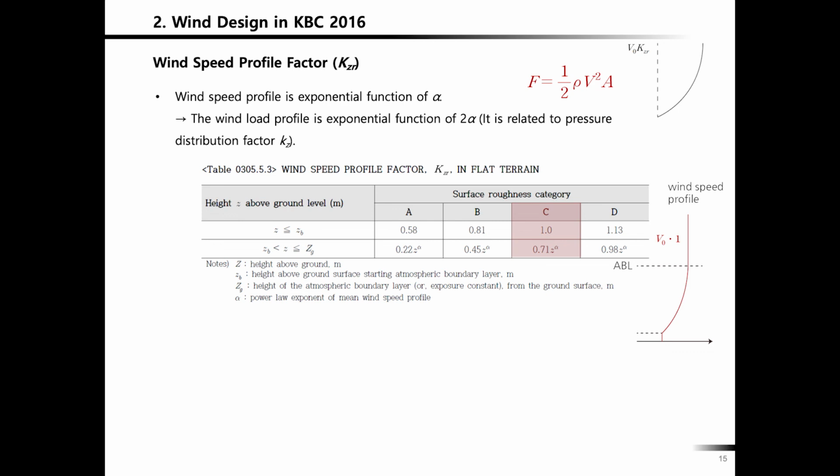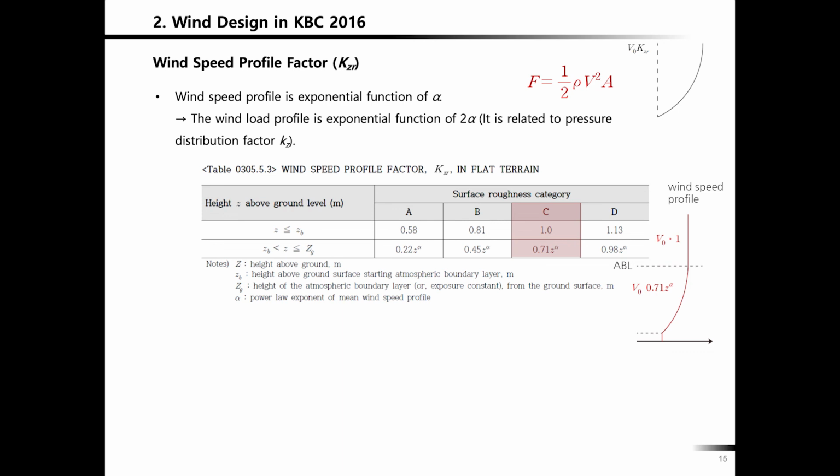This is 1, KZR. This diagram is the wind speed profile. And then it's reduced and becomes 0. That is V0 times 0.71 Z, where Z is the height, to the power of alpha. For surface category C, that's the wind speed profile.